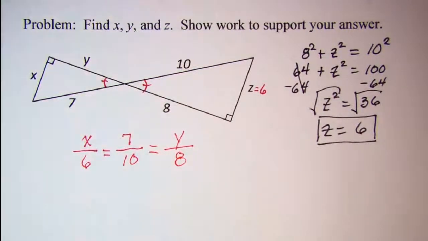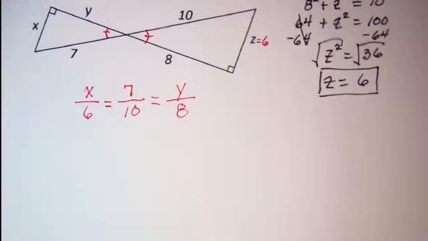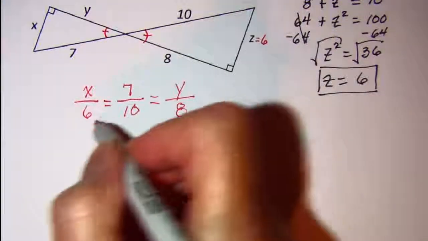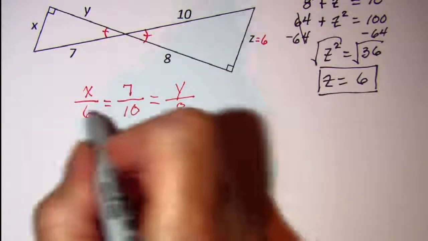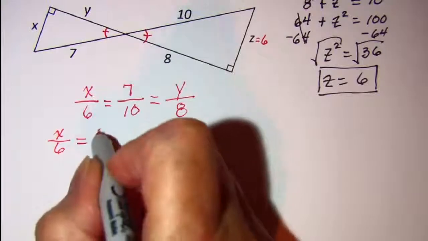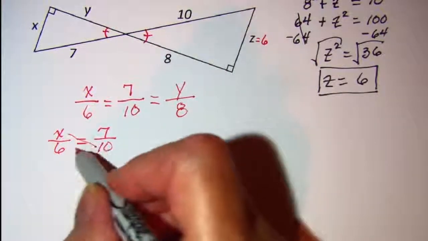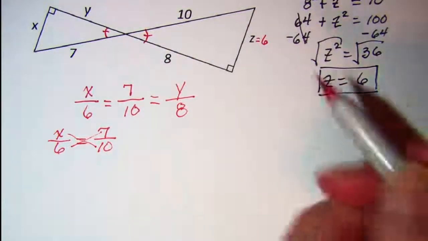So now I can use my two left ratios. x is to 6 as 7 is to 10, and do cross products to find the value for x.